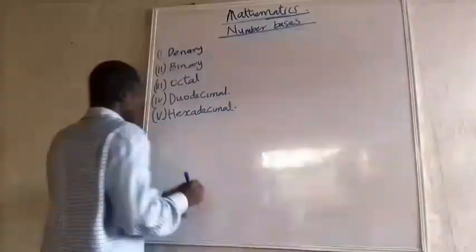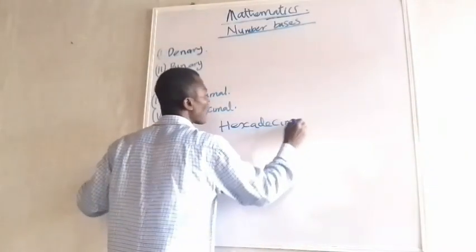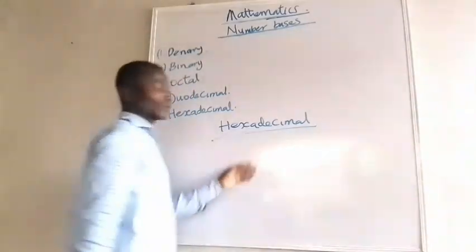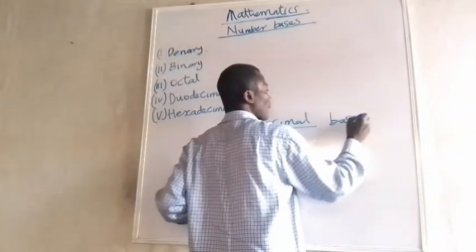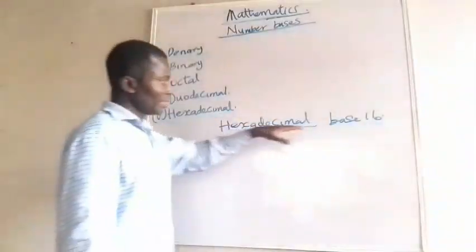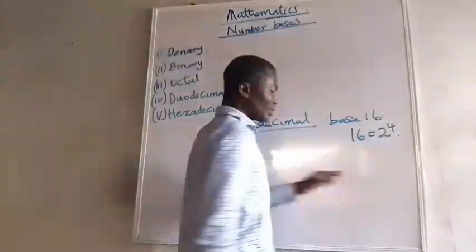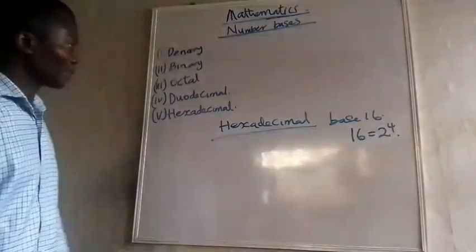Now let's talk about hexadecimal. In this place, we are talking about base 16. And like I did when I was explaining octal, take note that 16 is equal to 2 to the power 4. We are still coming to the use of this.